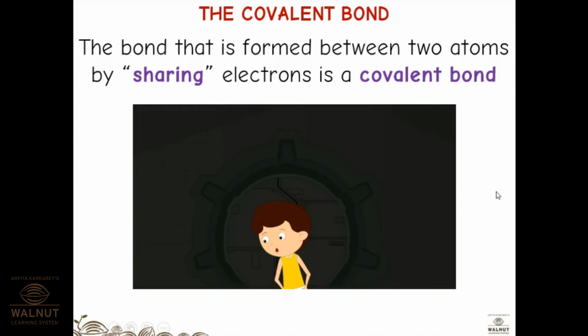Okay, so this is basically a bond that is formed between 2 atoms by sharing of electrons. The word sharing is very important. This is called a covalent bond.